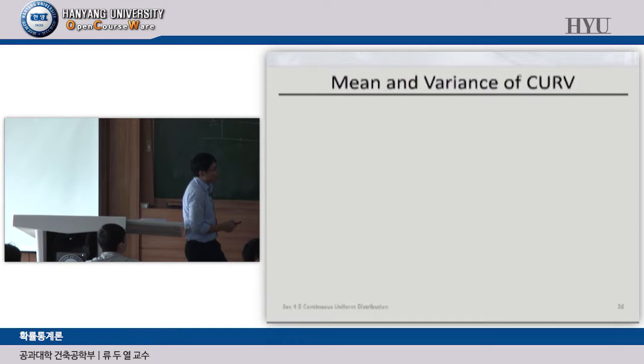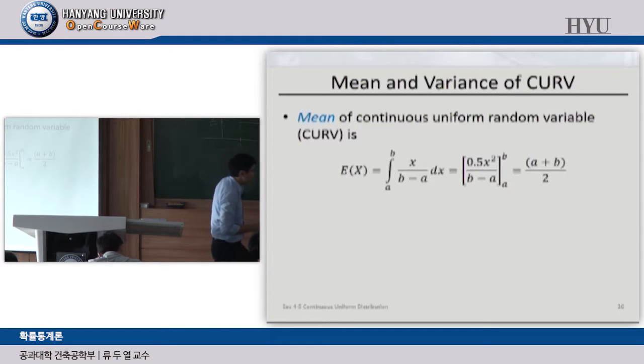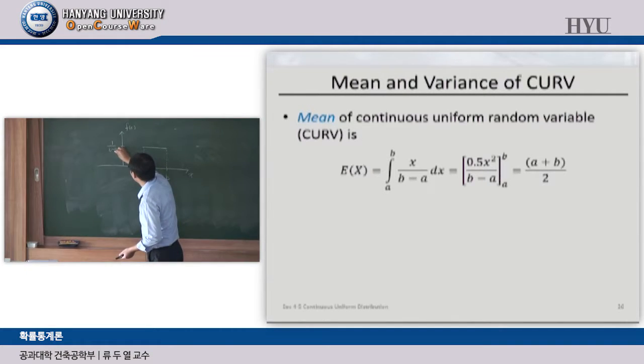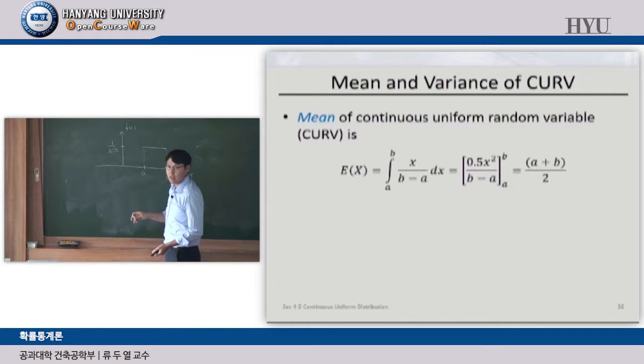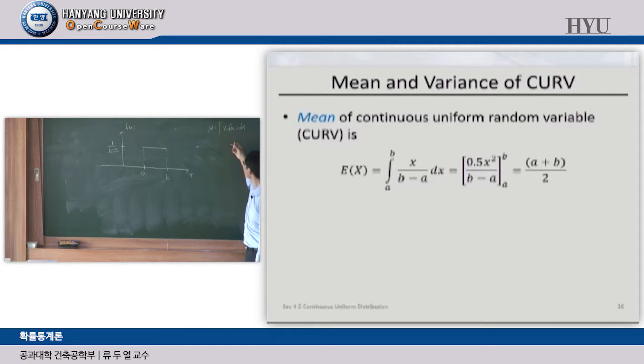And what are the mean and variance of the continuous uniform random variable? The mean is expressed by this equation. E(X) is equal to the integration of x over b minus a dx from a to b. Why? Because this is the probability density function, right? So mu should be the integration of x multiplied by f(x) dx for the case of the continuous random variable.